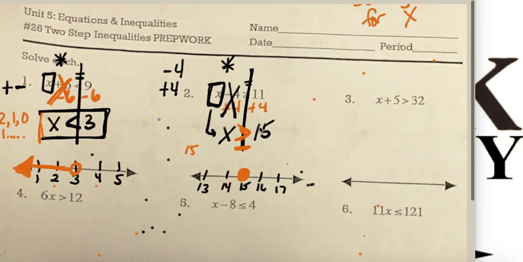Well, if I plug in 16 for x, does that make sense? Is 16 with the mouth open towards 16 because he's bigger? Yes. So since that's true, I want to shade this direction. I want my x to be bigger than 15. So I'm going in the direction where the numbers are bigger than 15. So x could be 15, it could be 16, it could be 17, all the way to infinity.